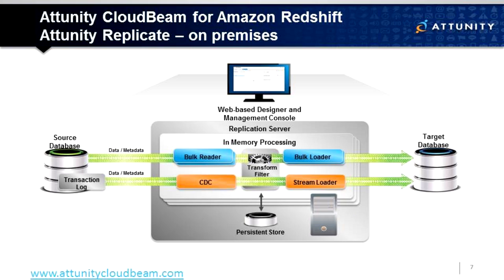So how does Replicate actually work? Let's first take a look at this common on-prem scenario. Carrying out automation, Replicate starts by managing the schema generation and data type mapping, looking at that source database. Replicate then intelligently auto-maps data types.